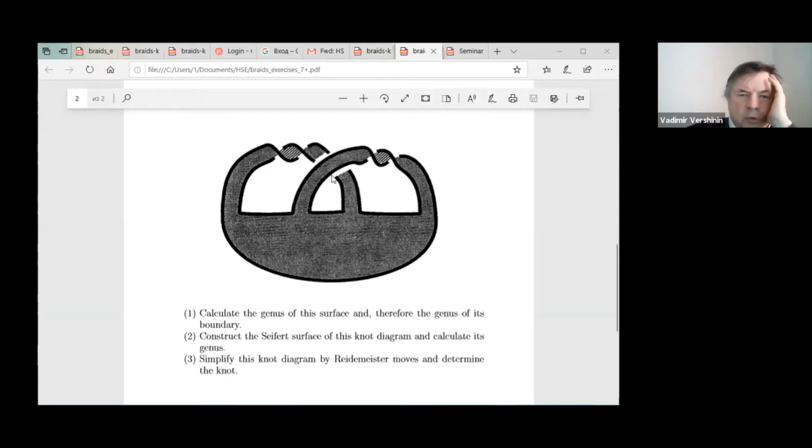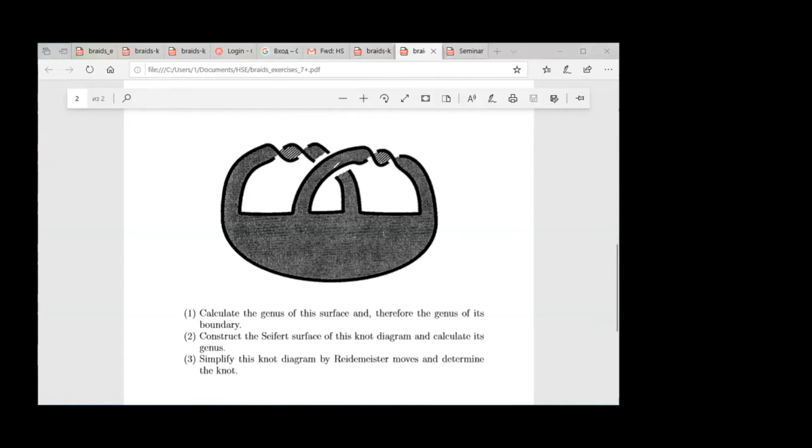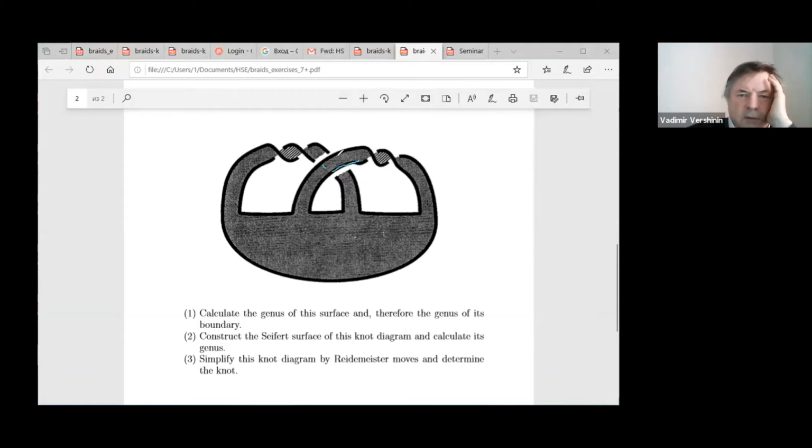At first, we kill this. We are making this thing, and this is becoming our knot. Then we are killing this part. We go formally, Reidemeister third.